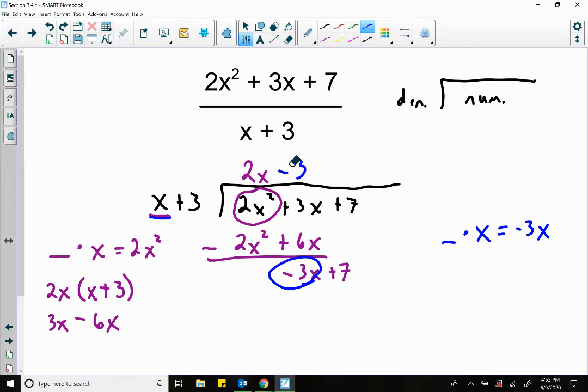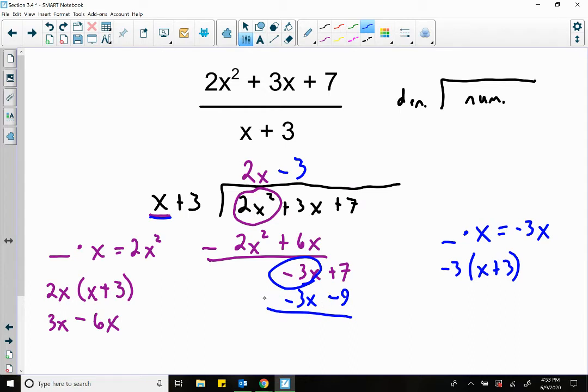If it was a positive 3, we would have said plus 3, like what we saw in that first example. And so we're going to do some multiplying. We're going to take negative 3 times the x plus 3 in front. So negative 3 times x is negative 3x, which we knew would happen. And negative 3 times 3 gives us negative 9.